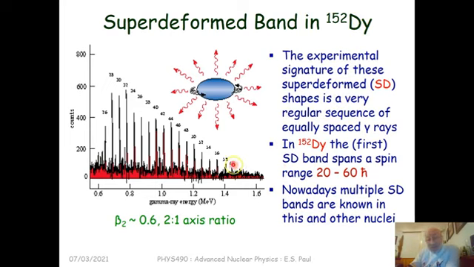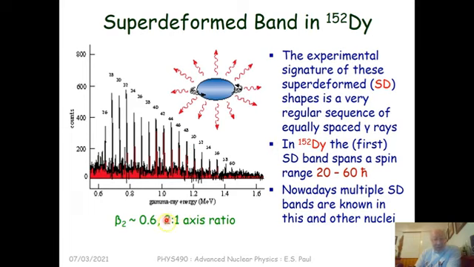We used to have an accelerator there, so we could produce these nuclei in fusion reactions, and this is a gamma ray spectrum of this case. So again, it's a very regular structure, and the spacing between each gamma ray is relatively small, pointing to a large or enhanced moment of inertia and shape.